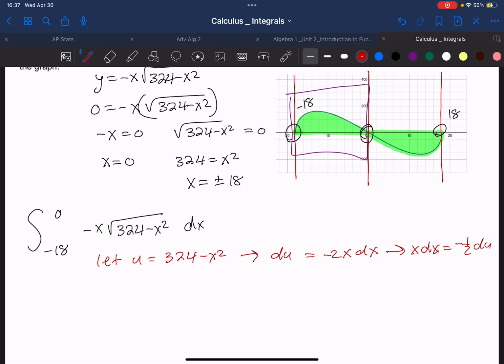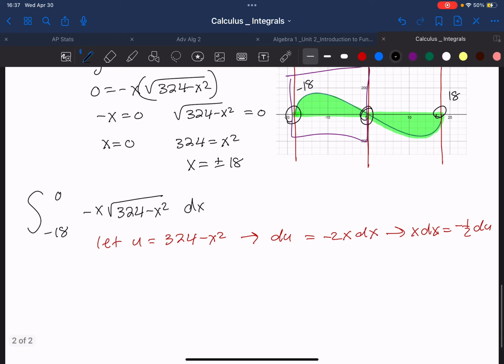Okay, this is important because when I plug it back in, I want to make sure everything cancels out properly and I'm not just adding random numbers in there. Okay, so I'm going to rewrite this in terms of u. I'm first going to take out this negative in front of the x because it's a coefficient and I don't really need it there right now. So I have negative outside of my integral. And then u is representing everything under that integration.